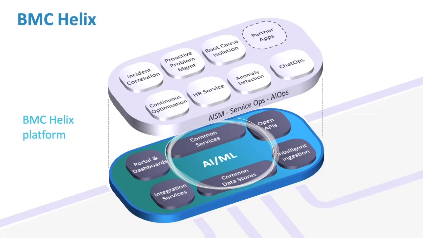And on top of that, again, we have these AI-optimized service and operations management capabilities, which we call AI Service Management and AIOps. Now, one term that I think you've started hearing more and more is service ops, which we started to talk about as part of our recent BMC Exchange event.